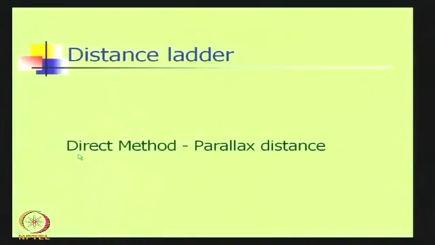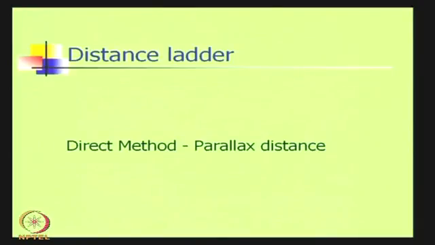We know that the earth goes around the sun, and this causes a parallax in the nearby stars, and from this parallax you can determine the distances to the nearby stars.